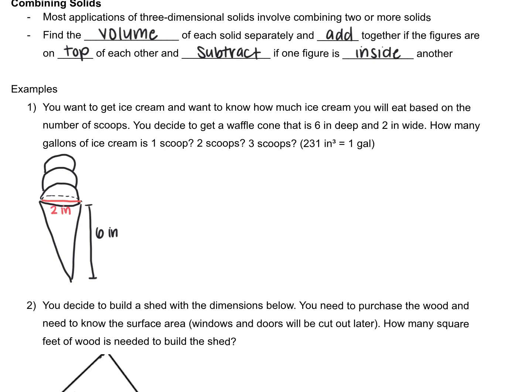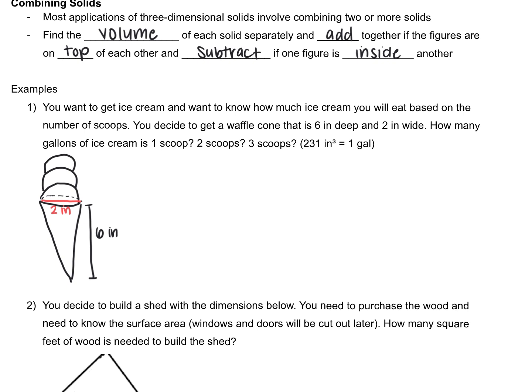That's all we really need to know to figure out how many gallons of ice cream we're going to have. The ice cream scoops are going to be hemispheres, half a sphere, because once you compact them, they're not really like a full sphere sitting on top of each other.